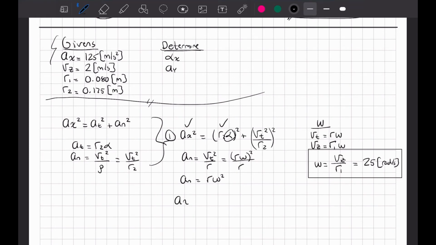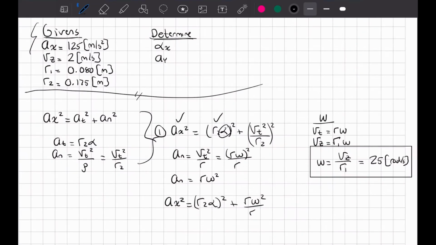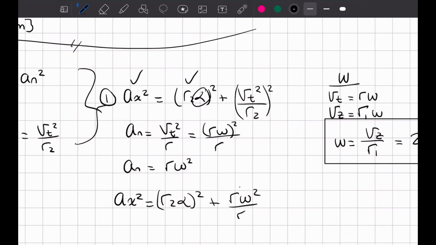So now we can write that AX squared is going to be equal to R2 alpha, that entire quantity squared, plus R omega squared, and that entire quantity is going to be squared.